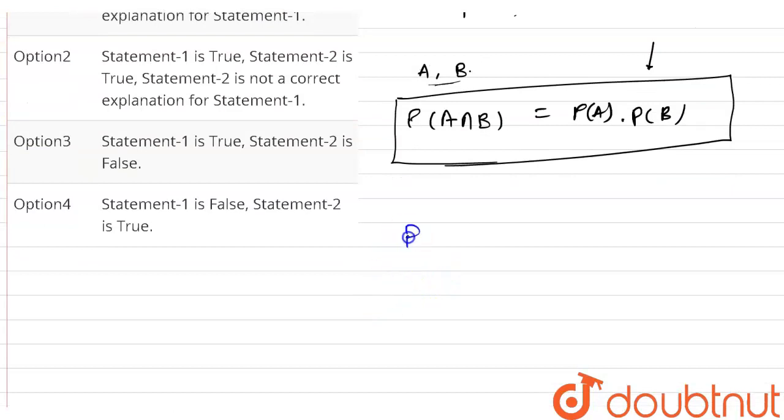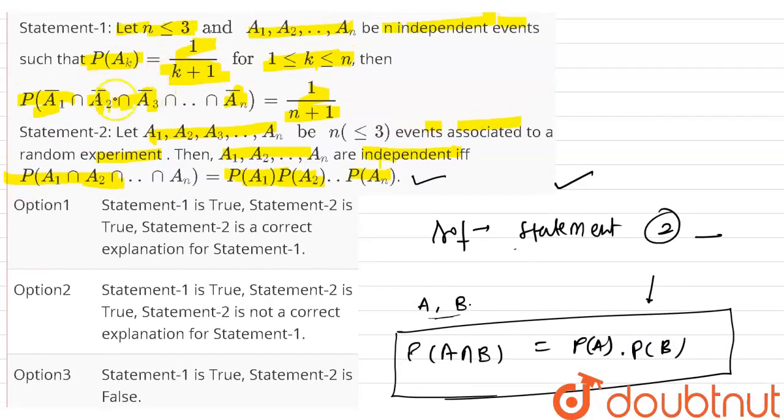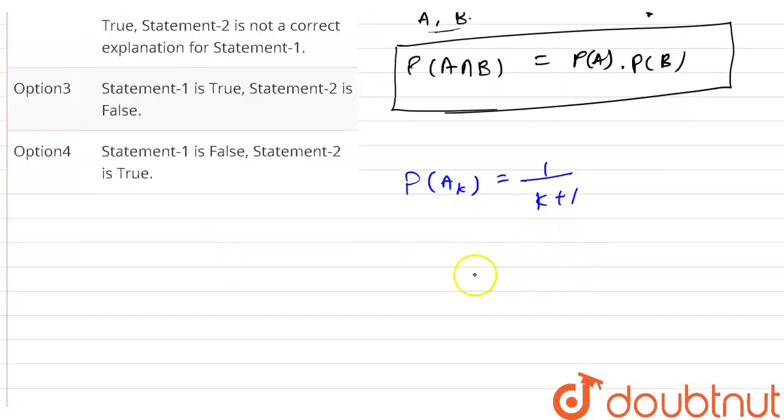Okay, so we know the probability of Ak is given by 1 over k plus 1. It is given in the question, as you can see here. Now as you already know how to find the complement of a probability, I'm going to find the complement of Ak.